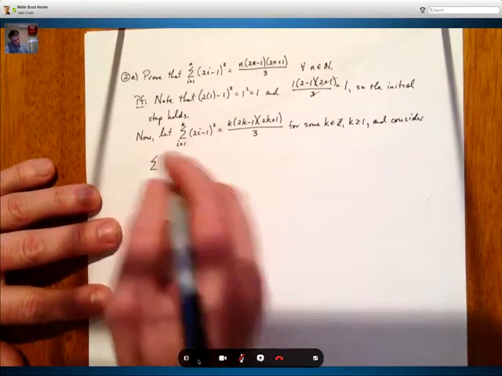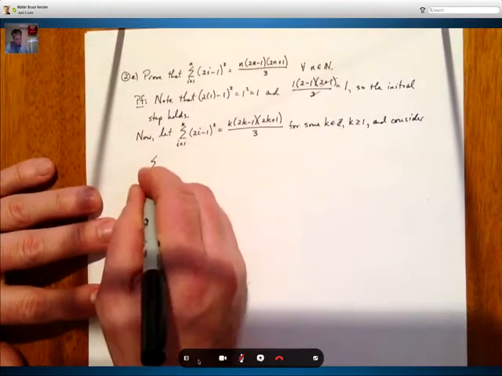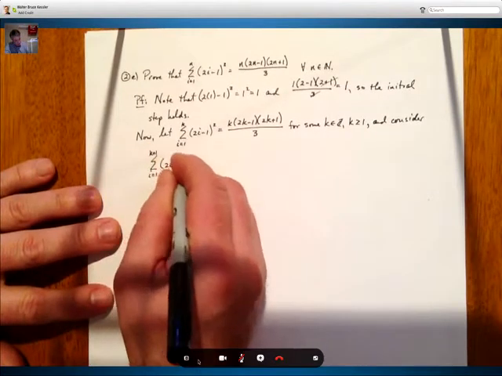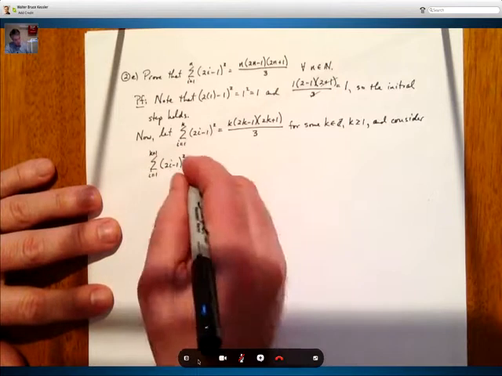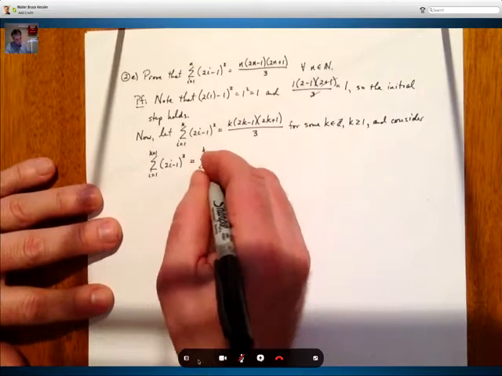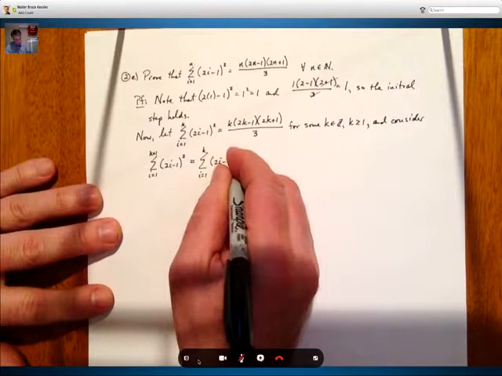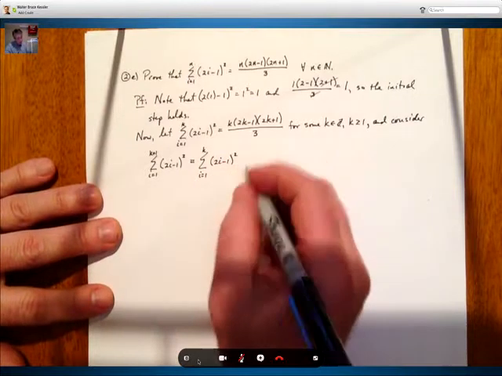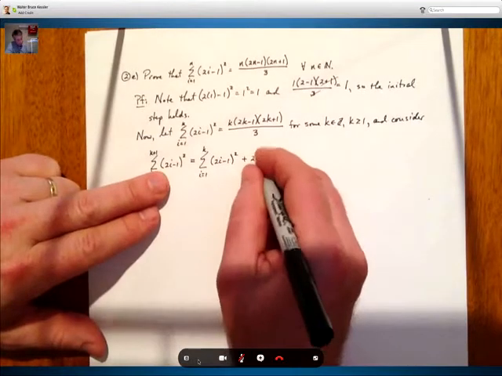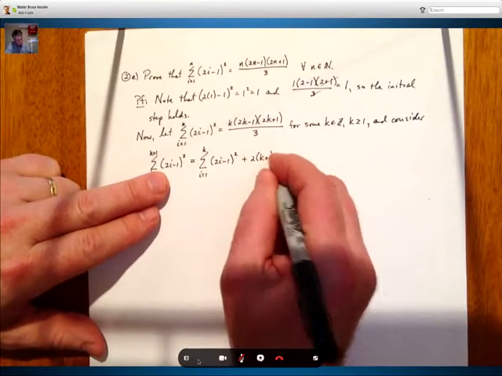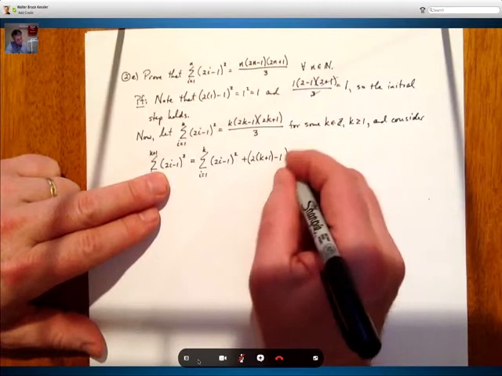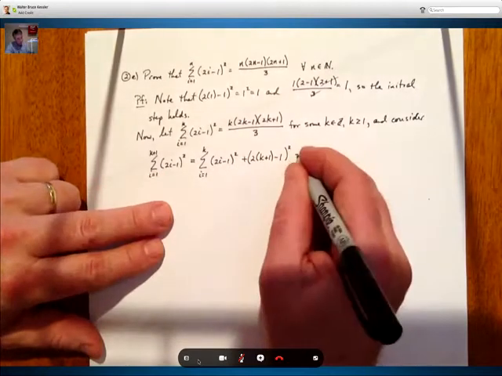And consider what happens if we add the squares of the first k plus 1 terms. Okay, well, we can certainly add it to the first k, and we've made an assumption about what that is. And then the last term here would be what would happen if we plugged in k plus 1 minus 1. And this is quantity squared.